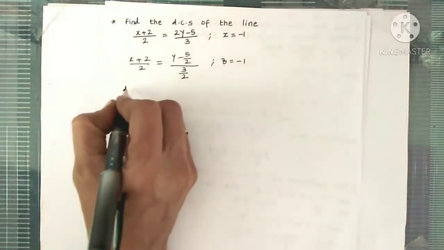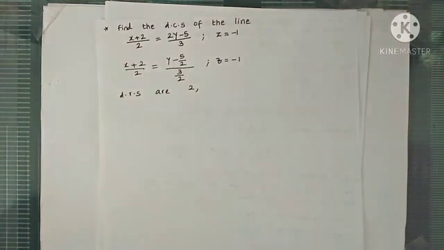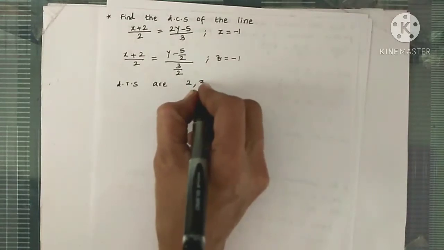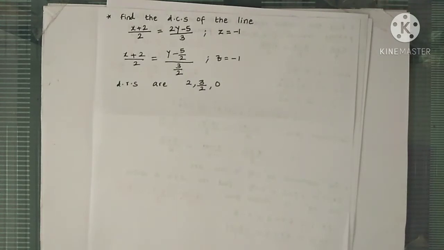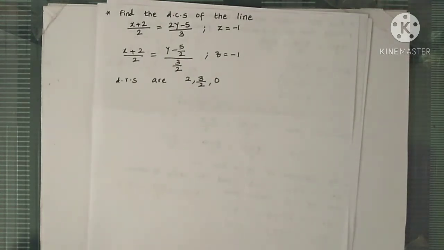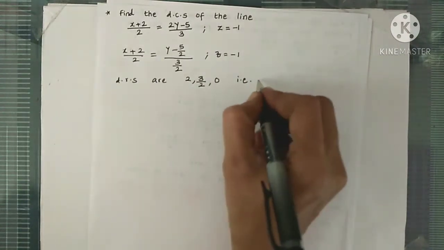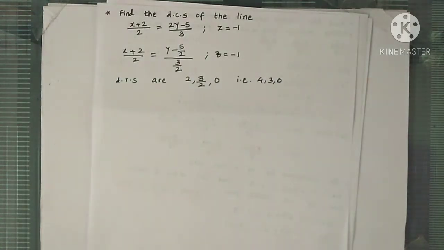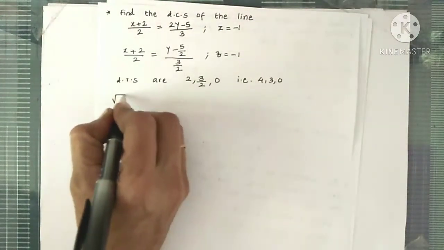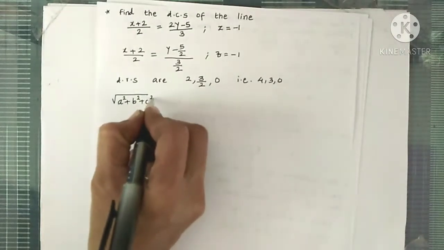So direction ratios are 2, 3 by 2, 0. As it is z equal to minus 1, the term in the denominator is 0. So multiplying these numbers by 2, we have 4, 3, 0. So this is another set of direction ratios. Now to find direction cosines, we have to find the value of root of a square plus b square plus c square.